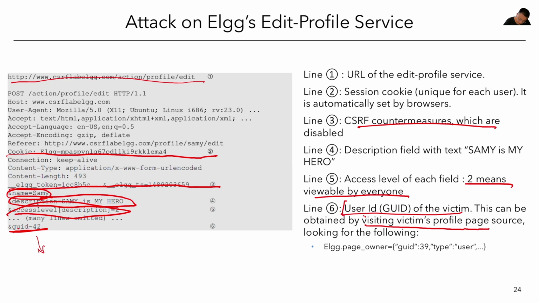So the UID of the victim, not Sammy, right? Because you want to edit the victim's profile, not Sammy's profile. Okay, make sure you use the ID of the victim, right? But you can get it by visiting victim's profile page.